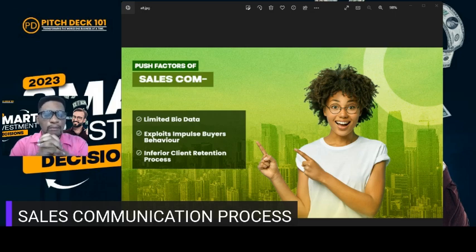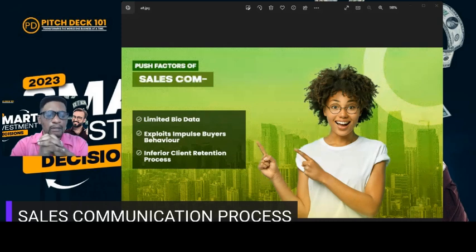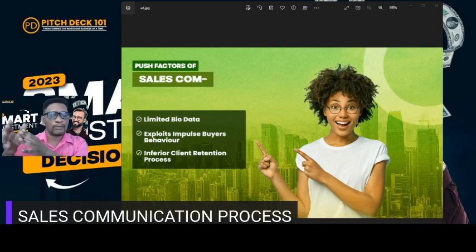So you will be deploying random sales tactics. This type of persons will be deploying impulse sales strategies, because you know that there are millions of persons who make purchases based on impulse. So you're going to be leveraging your push factors of sale to capture this type of audience.